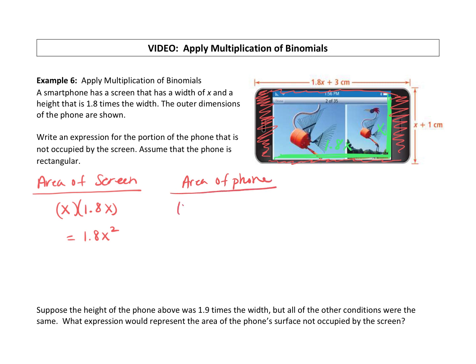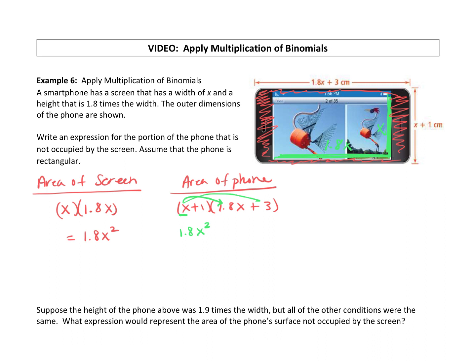We know that our width is x plus 1 and our height is 1.8x plus 3. Now we want to multiply those out so that we can find the area of the entire phone. We can do that by distributing. Let's distribute the x first. X times 1.8x is 1.8x squared.